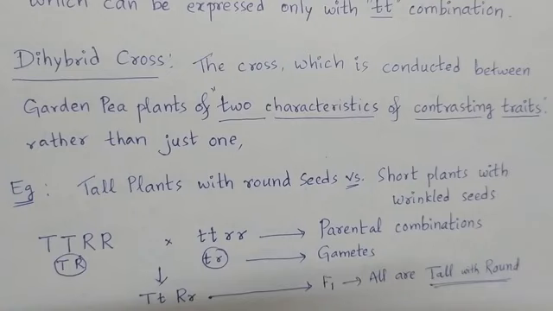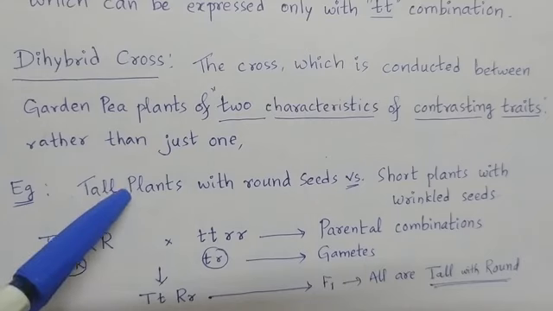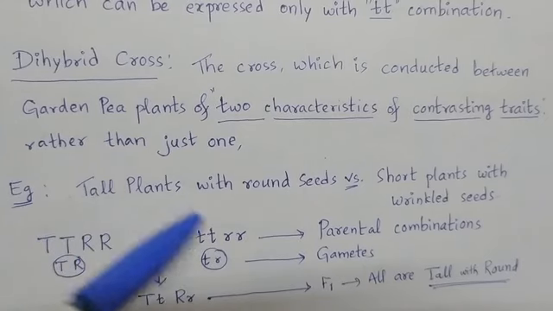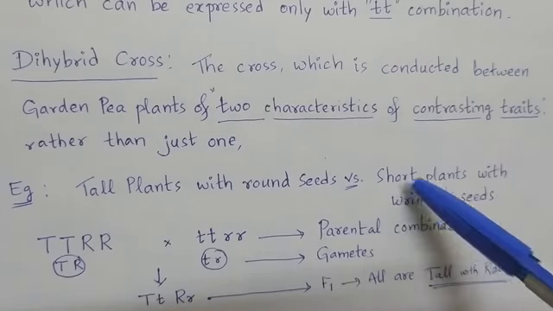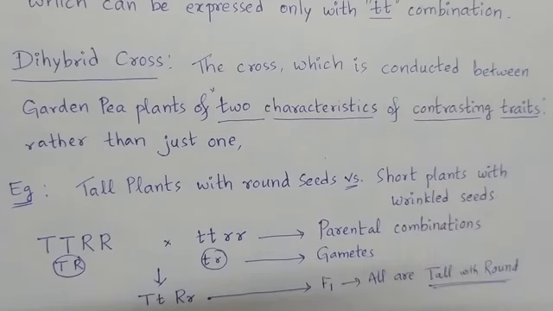Okay. And obviously in the first plants, that is, tall plants with round seeds, both tallness and round seeds are dominant here. That's why for your understanding, whatever we write first is the dominant one, right? And the other one, short plants and wrinkled seeds, they are recessive traits. Okay.